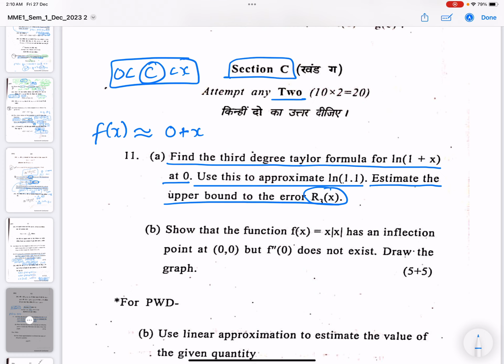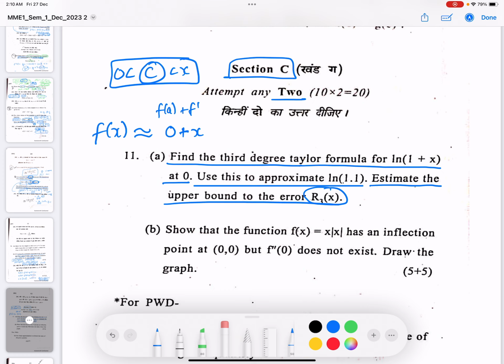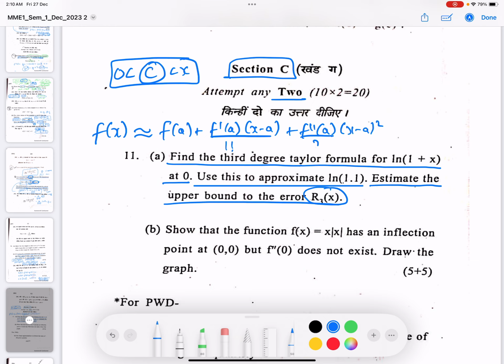Okay, now the function is f of x equals f of a. I'll write the formula first. f(x) = f(a) + f'(a)(x − a)/1! + f''(a)(x − a)²/2! + f'''(a)(x − a)³/3! + f⁗(c)(x − a)⁴/4!.